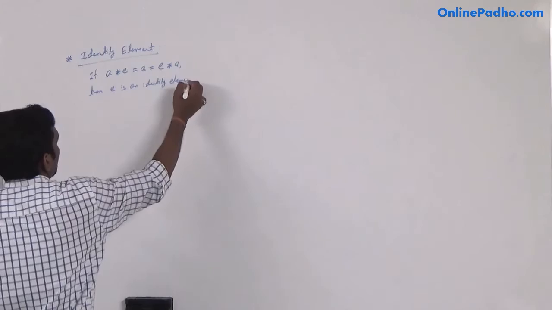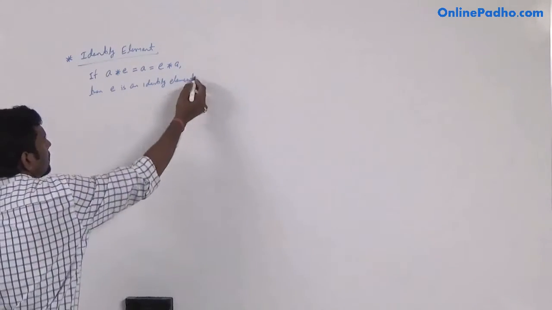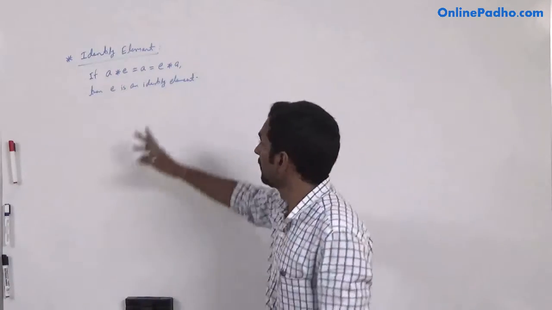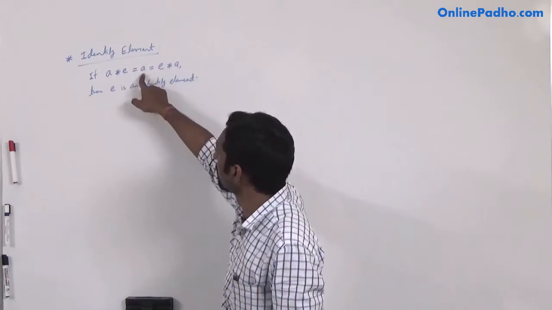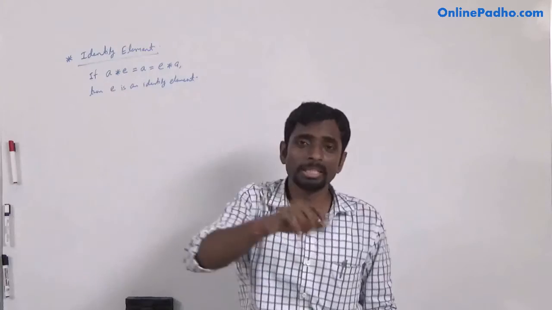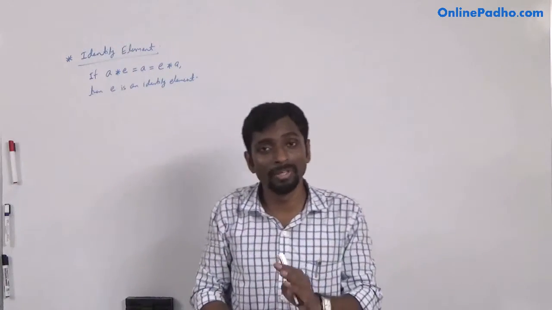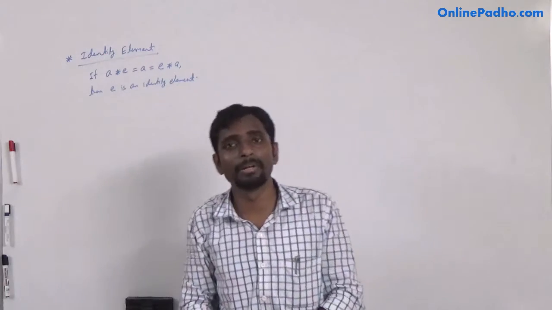This is also a very important question for 1 mark. If A star E is equal to E star A, meaning commutative law is applicable, and this must be equal to A, then the value of E is called the identity element, right?